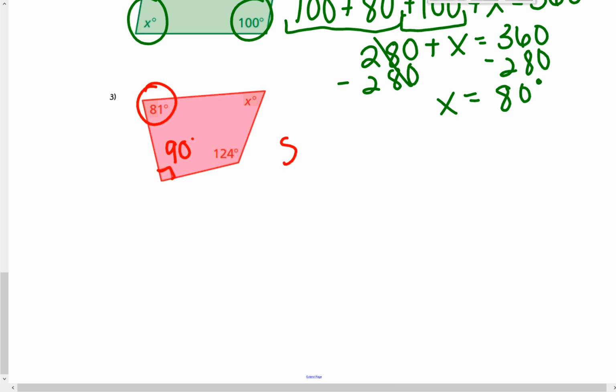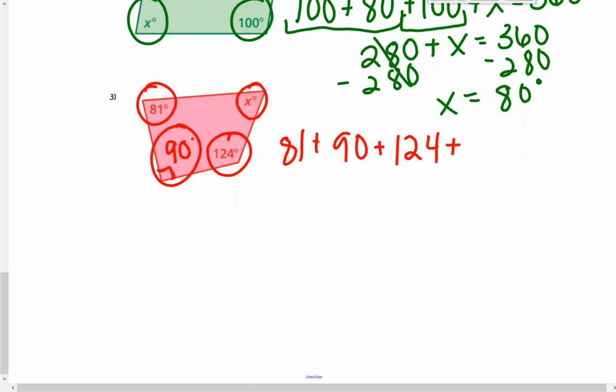Now we know we're going to add 81 plus 90 plus 124 plus x equals 360. Let's combine some like terms.